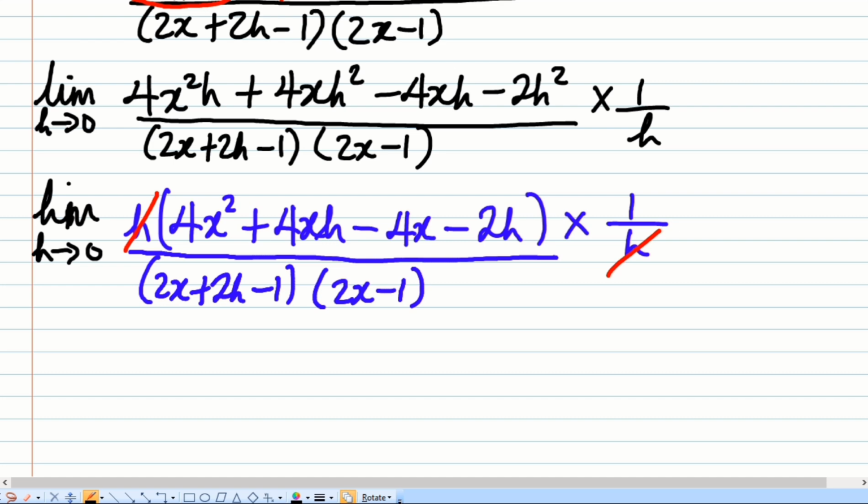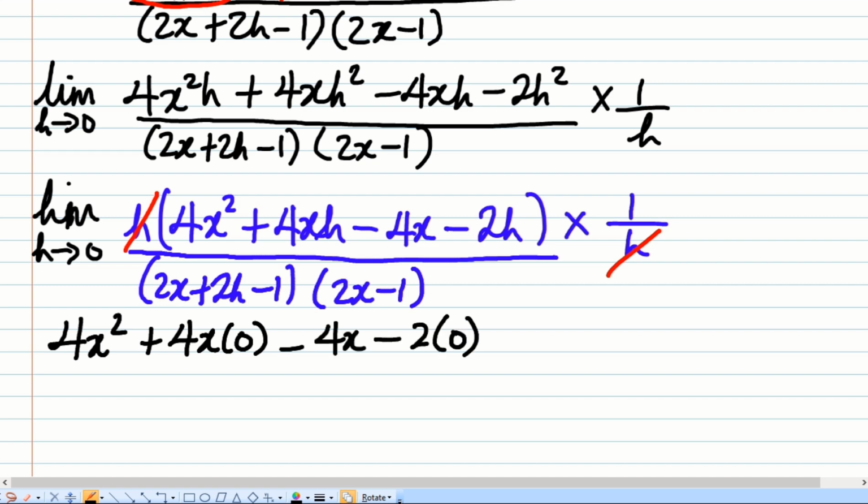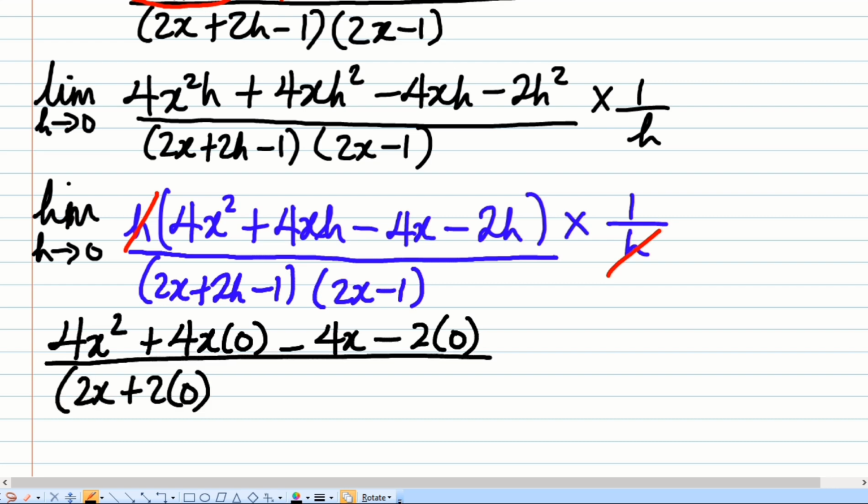So I'm now going to have 4x squared plus 4x, instead of h it is now 0. I've allowed it to go to 0. 4x minus 2 into 0. Okay, divided by 2x plus 2 into 0 minus 1. I'm allowing all the h to go to 0.